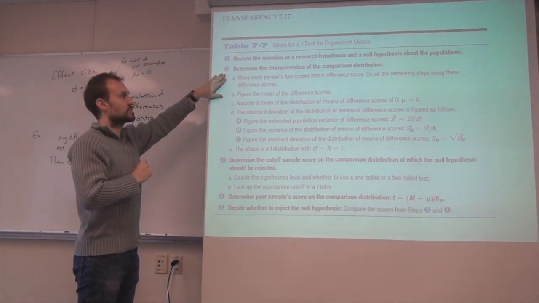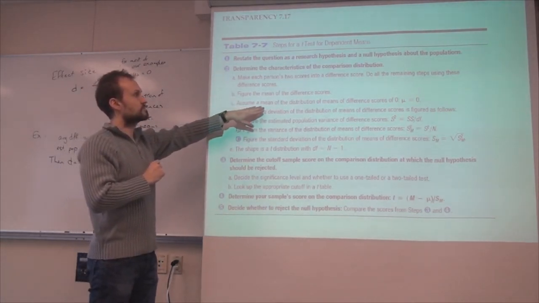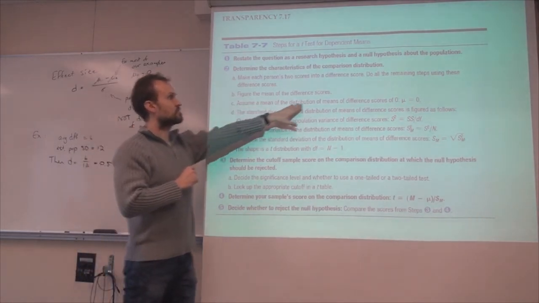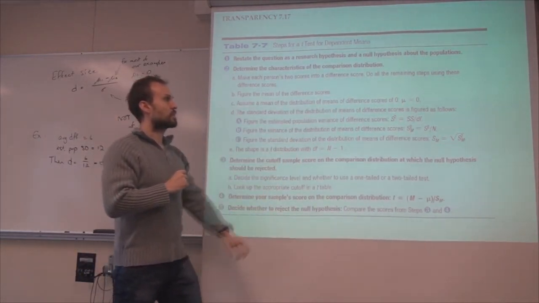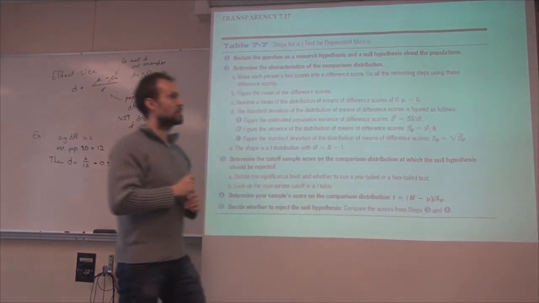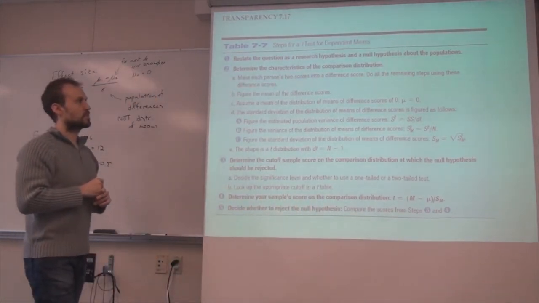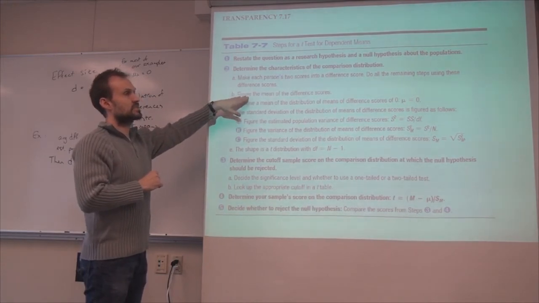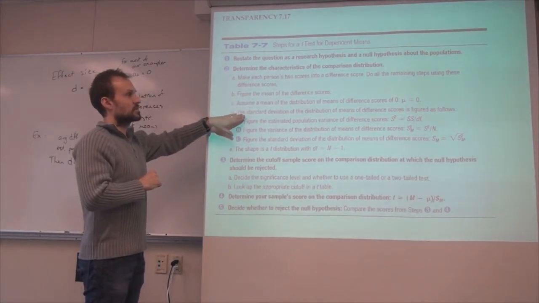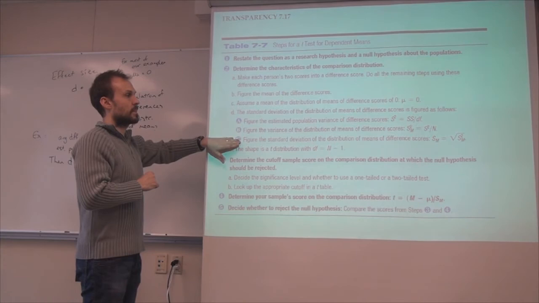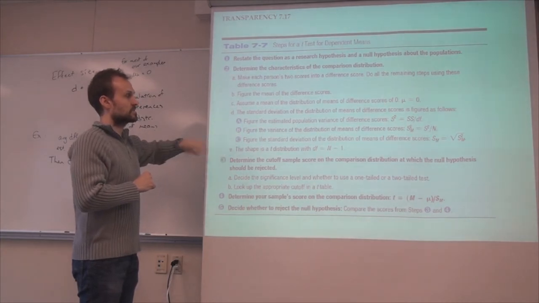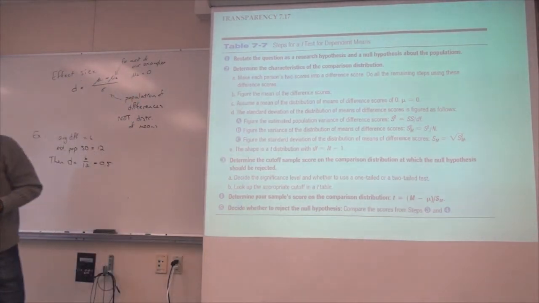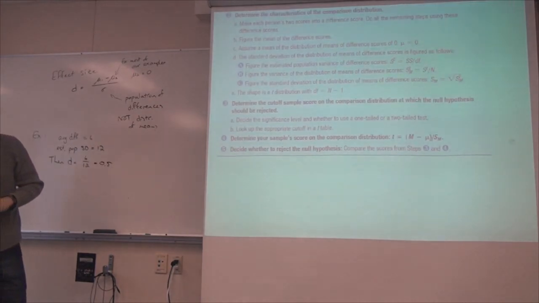Comparison distribution is still the distribution of means, with a population mean under the null hypothesis of 0. Then I have to look at the differences. That's the only issue. Still approximate the variance and standard deviation. And everything else is the same.